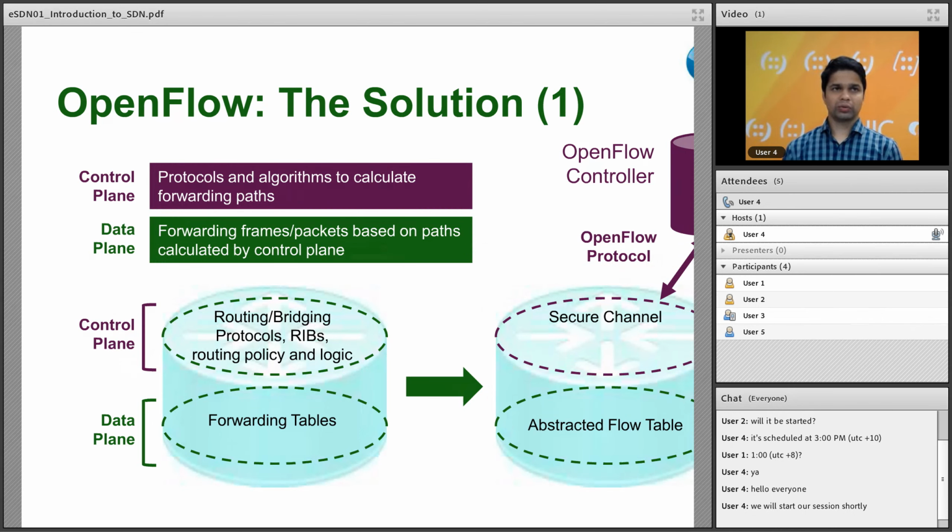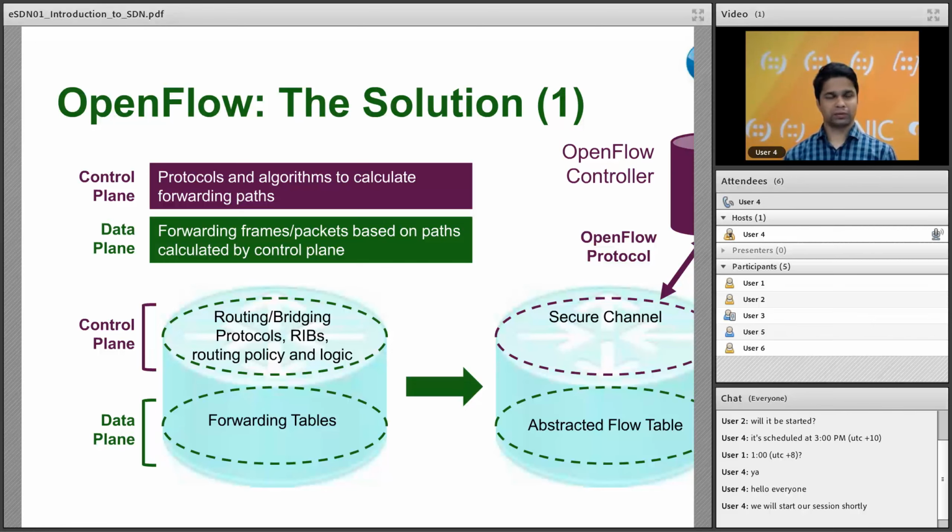The solution is, before going forward, it is really important to make a clear distinction between the control plane and the data plane. As we stated earlier, the router has two basic functions. It determines the network paths or routes.